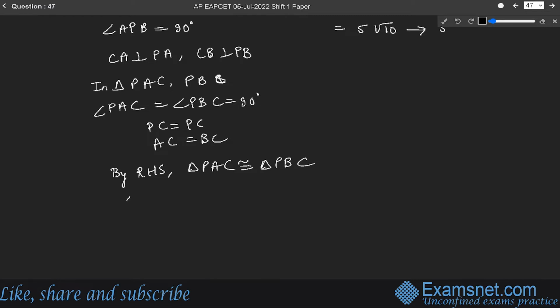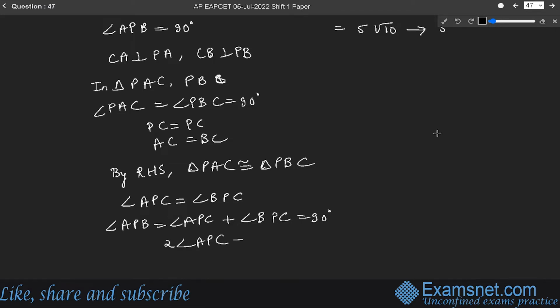Since it is congruent, angle APC will be equal to angle BPC. And we know that angle APB is equal to angle APC plus angle BPC, which is equal to 90 degrees. So it becomes 2 angle APC is equal to 90 degrees. So angle APC will be equal to 45 degrees.